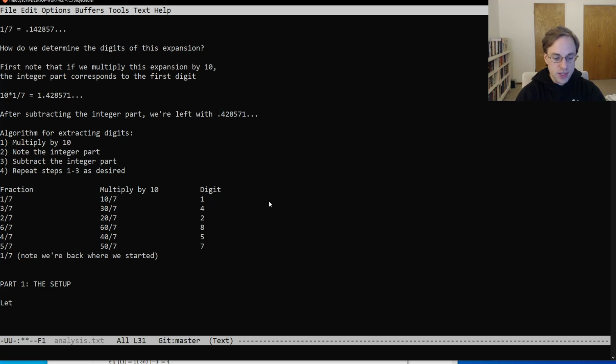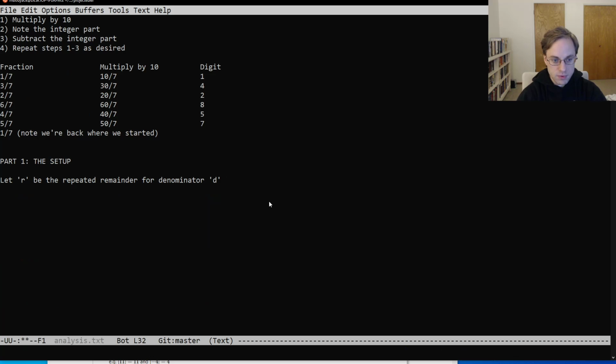Let's say r is the repeated remainder for denominator d. What we're doing in this algorithm, just to reiterate, is repeatedly multiplying by 10 and taking the remainder after dividing by d.